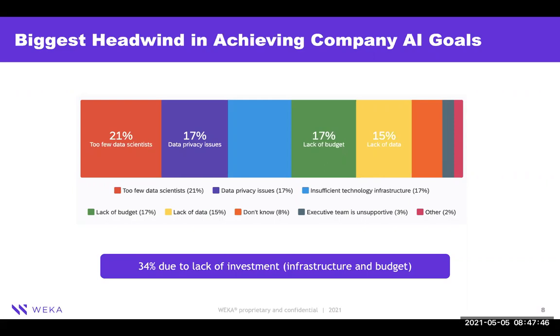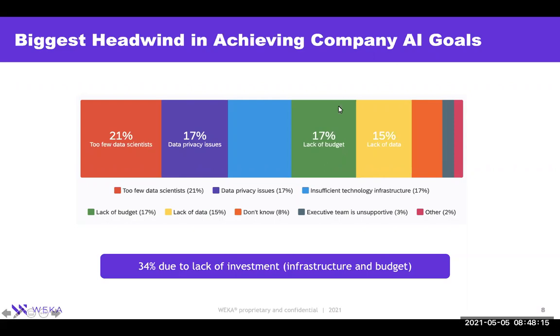How do you work on the data while it's obfuscated and still manage to get important insights? How do you retain the privacy? How do you comply with privacy? Additionally, insufficient technology infrastructure. That's not surprising because we see companies that are starting with the AI environment, and as they grow, they need to grow their AI environment and not necessarily just plan it ahead.